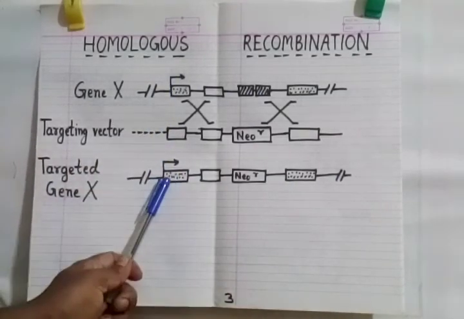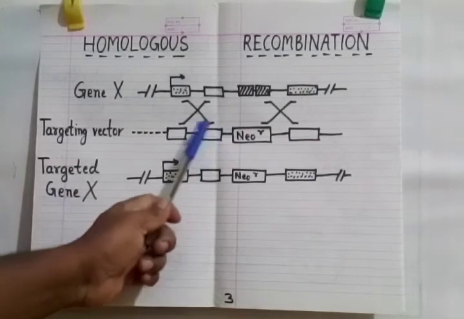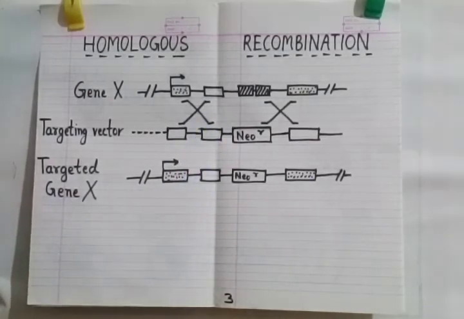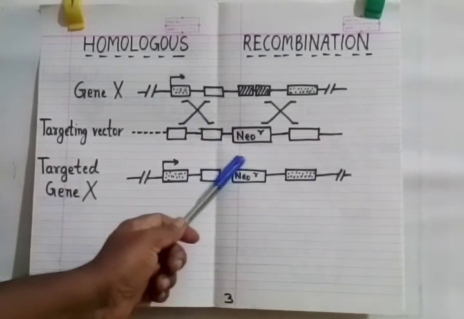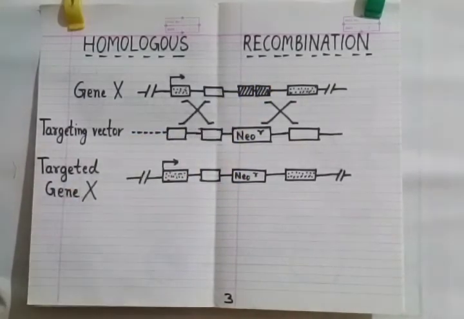This portion is the same as the original one. This portion is also the same as this portion of the targeting vector DNA, and this is replacing the original gene with the target gene.